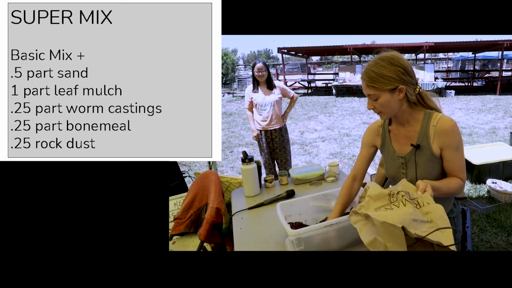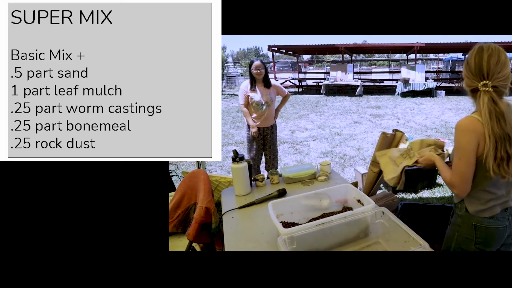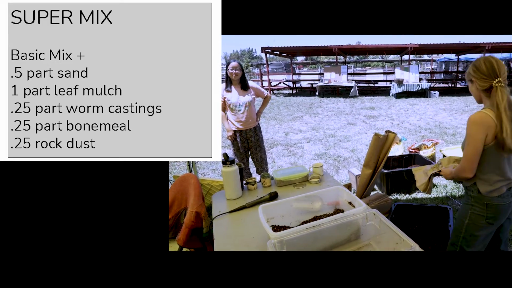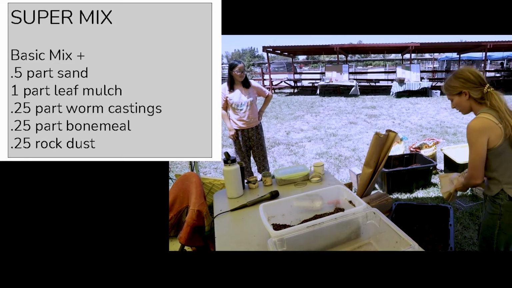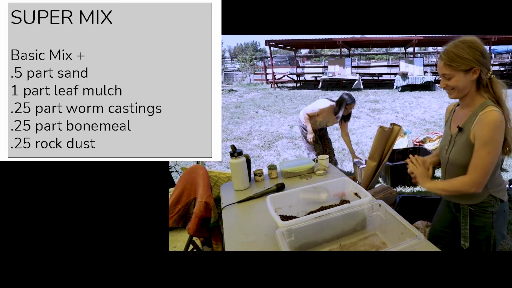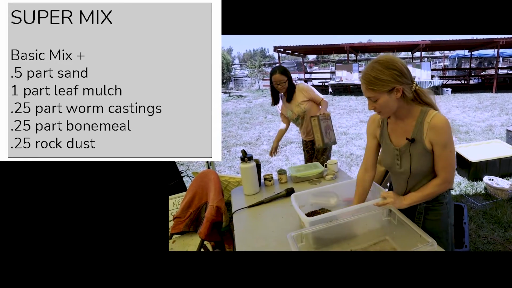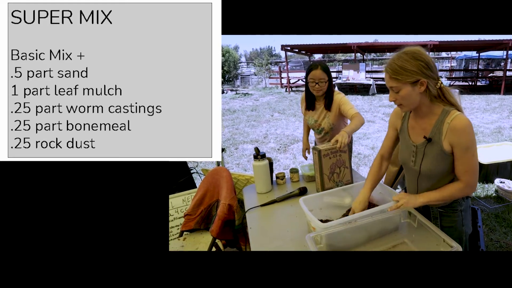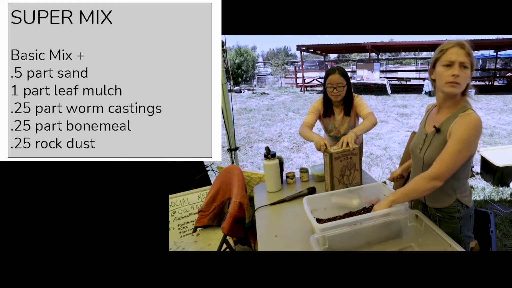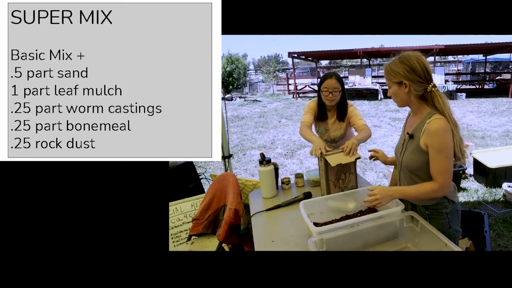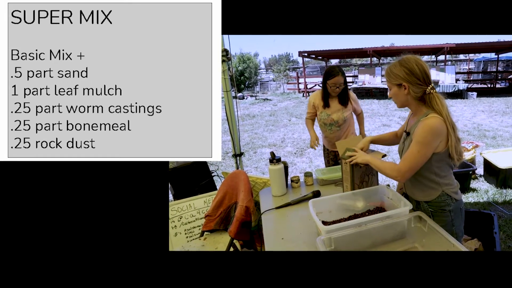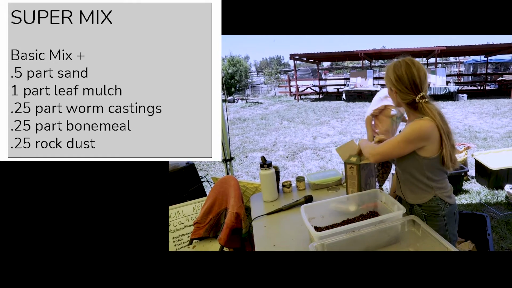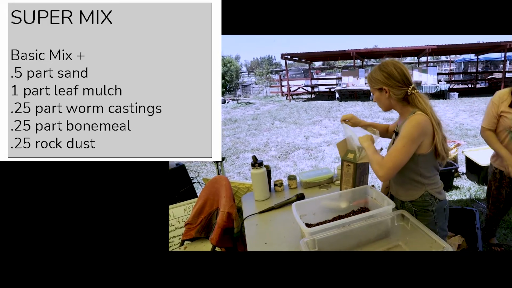Okay. And then let's get some fish bone meal. So this is another kind of just added value. Do you have anything special to say about fish bone meal, Lynn?